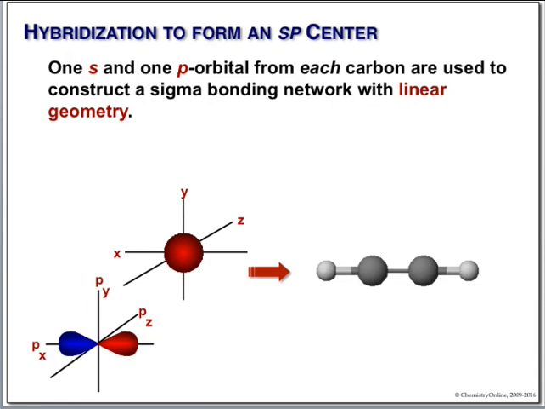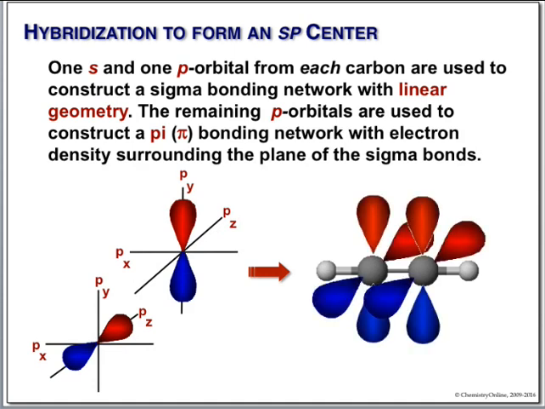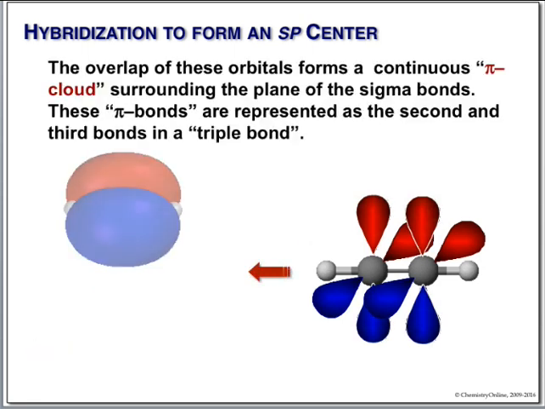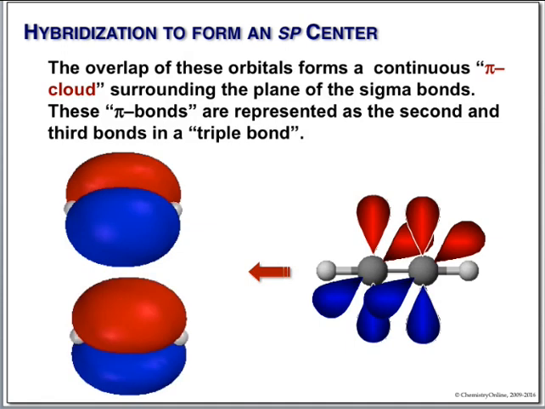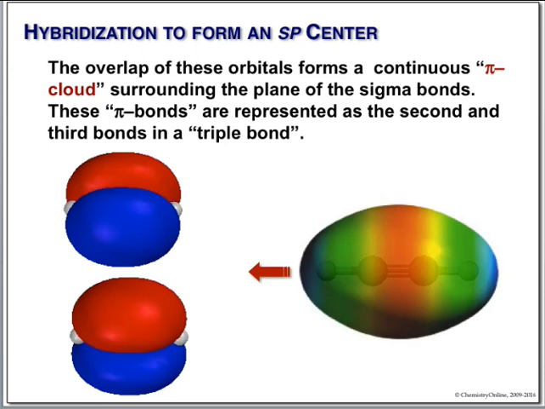We have 2 p's left over on every carbon, py and pz, so they look like that. Once again, they overlap, and we form 2 sets of pi bonds. So one bond here is our single bond, one from this pi bond, and one from the other. Big cloud of electrons around this middle.